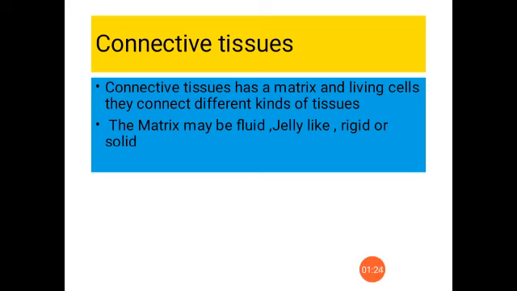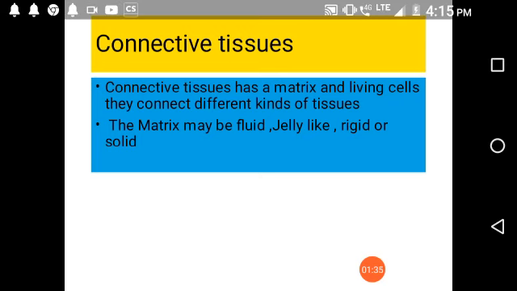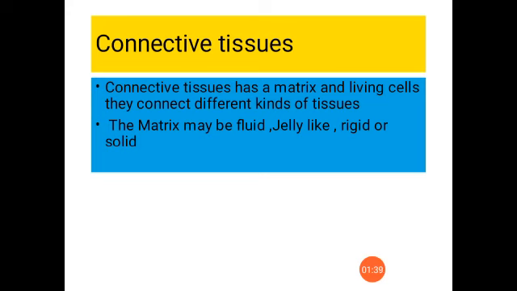Non-living matrix will be there, and in that living cells are located. So that is the major difference of a connective tissue. Connective tissue always contains a non-living or non-cellular matrix, in which you can see the living cells.